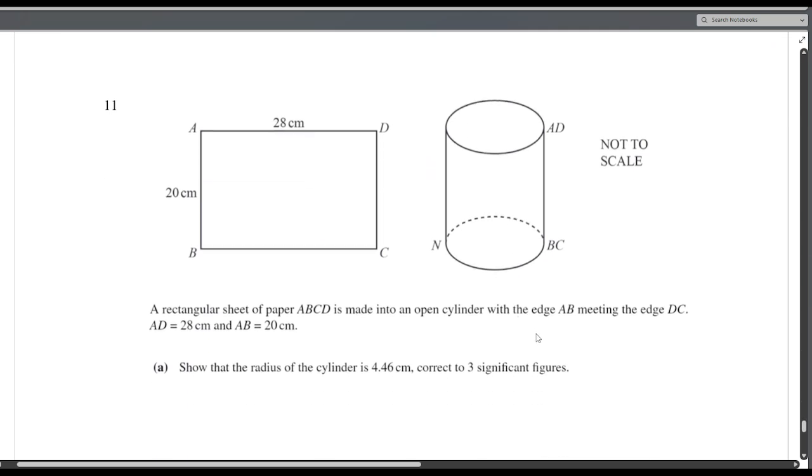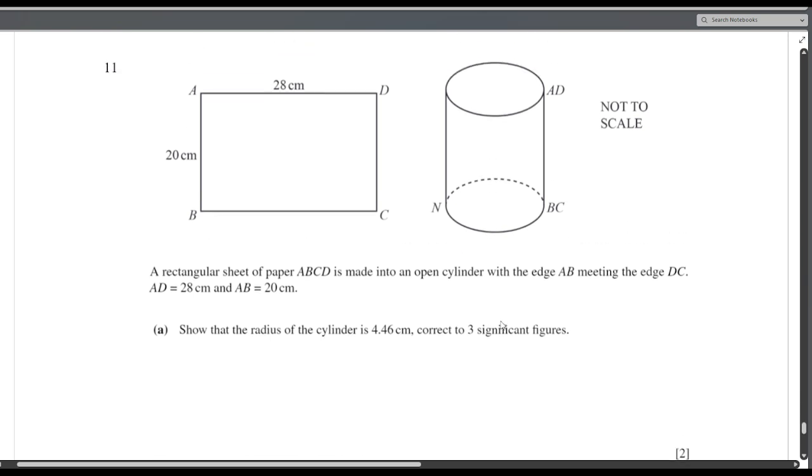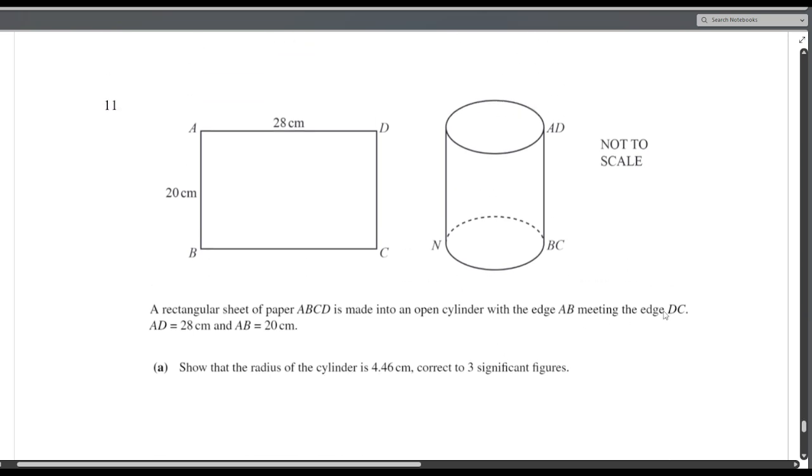A rectangular sheet of paper ABCD is made into an open cylinder with the edge AB meeting with the edge DC. So you are folding it and making a cylinder. AD is given 28, AB is given 20. We need to show that the radius of the cylinder is 4.46.